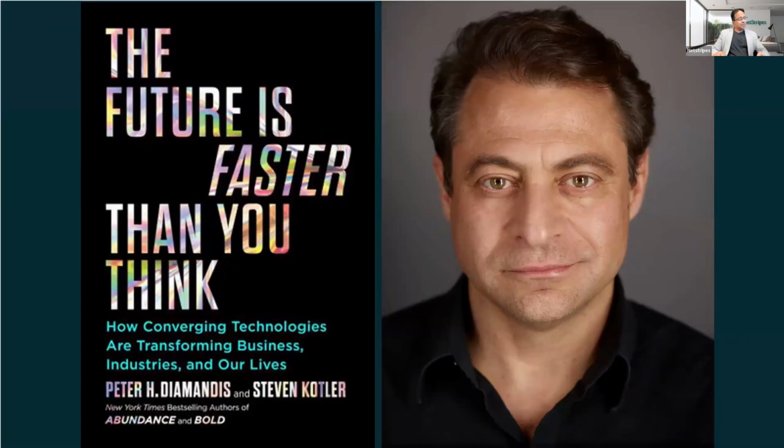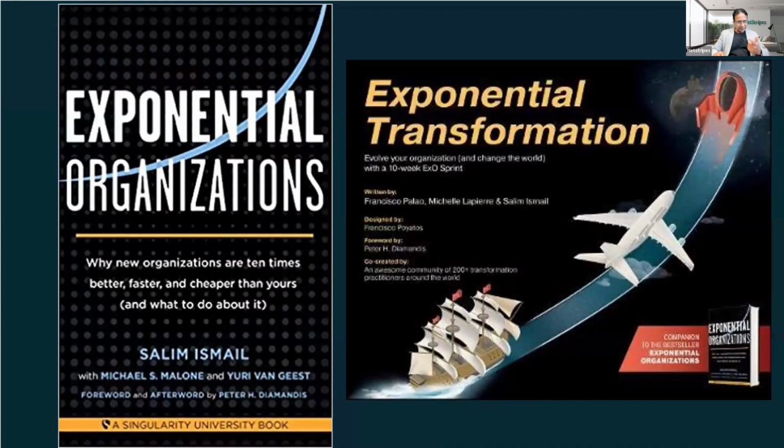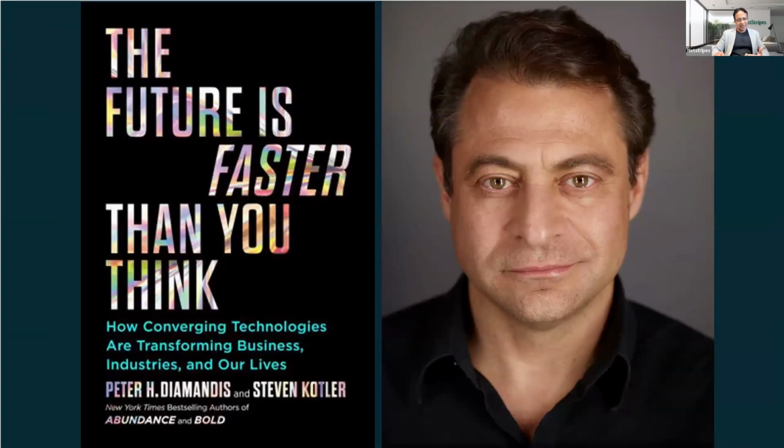Okay. By the way, this book is fabulous. It talks about the future being faster than you think. I've learned a lot from that book and this other book as well. Both these books are great. This is Peter Diamandis. He got his inspiration by a guy called Arthur C. Clarke, who envisioned the satellite. He in fact spoke about how people from New Zealand to New York will be talking on a phone in the 1950s. And Arthur C. Clarke was an Englishman who then later on migrated and lived in Sri Lanka.